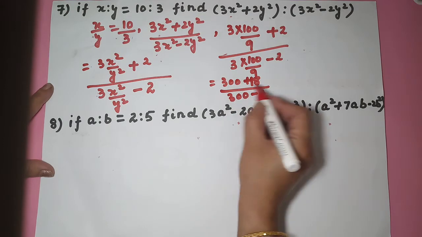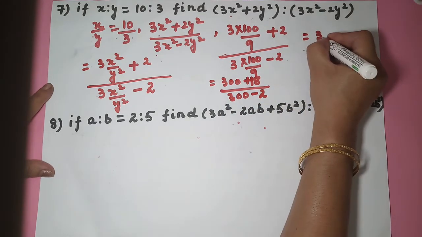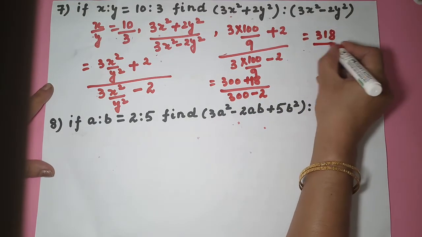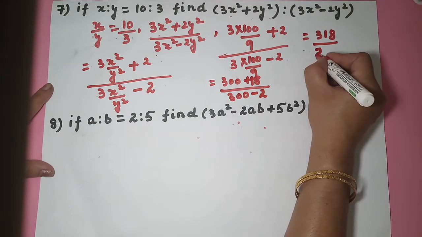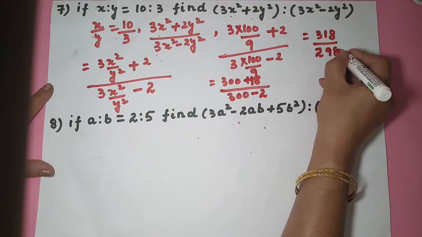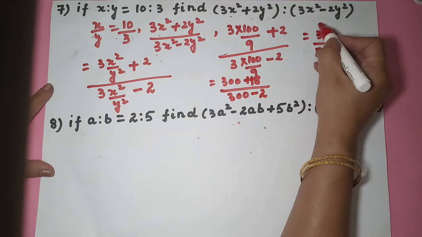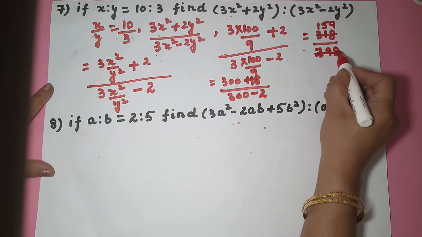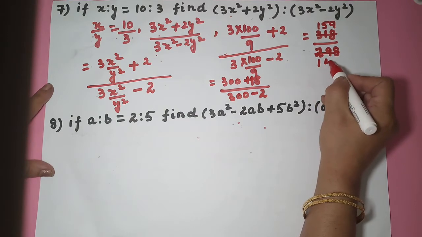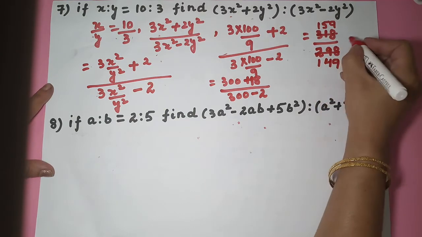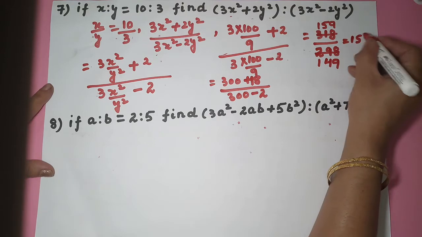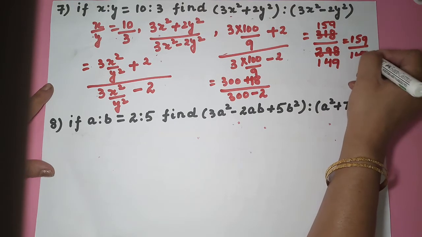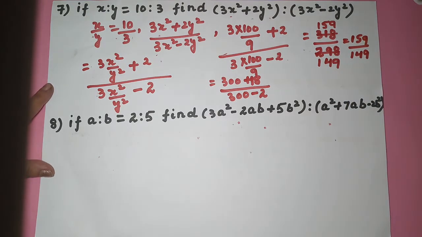So 300 plus 18 is 318 and 300 minus 2 is 298. You can simplify it. 2 ones are 2, 2 5s are 10, 2 9s are 18, 2 1s are 2, 2 4s are 8, 2 9s are 18. So you have got 159 upon 149, right?